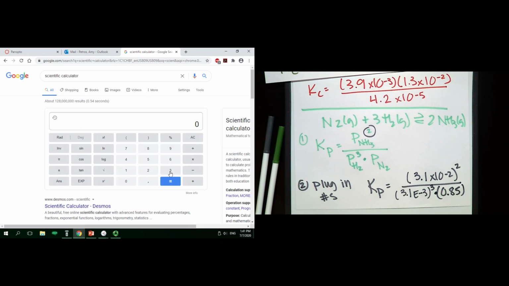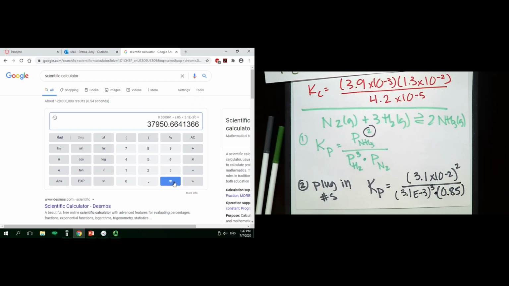All right, so on the top, I've got 3.1 times 10 to the, that's E or EE on your calculator, minus 2, and let's square that, divided by, I'm going to use parentheses, 0.85 times 3.1 times 10 to the minus 3, and that is cubed.